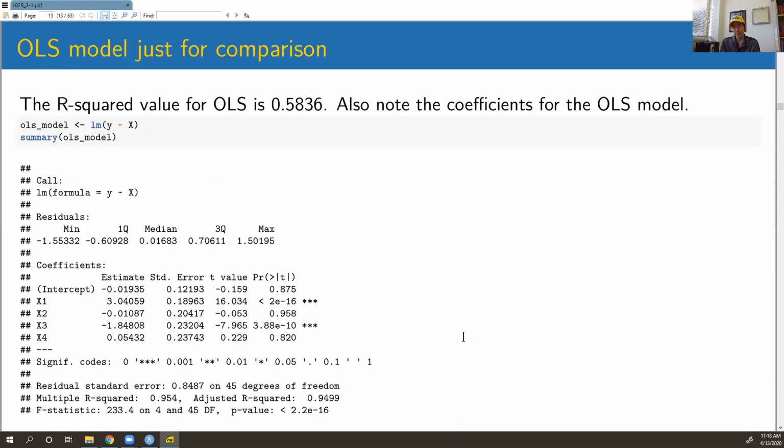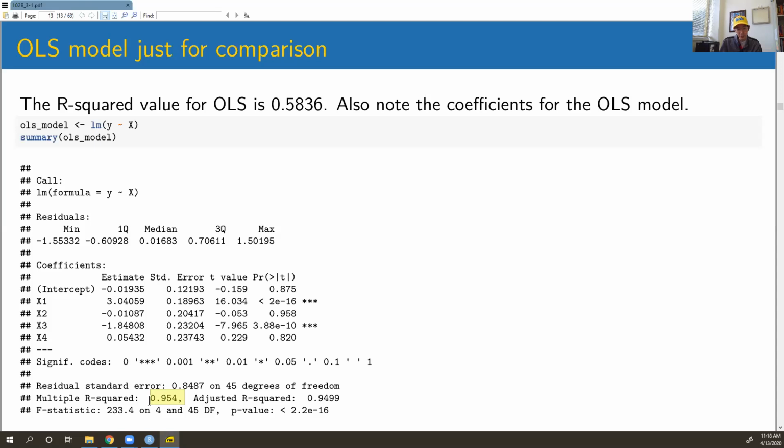Just for comparison, I ran ordinary least squares. I did linear model y tilde x, and then we asked for the summary here. I updated the model, but the R squared value here is 0.954.